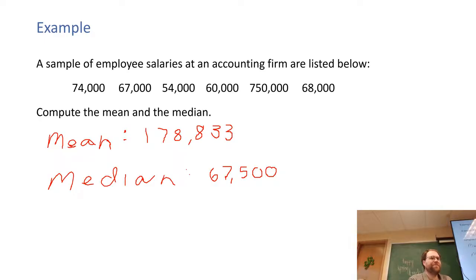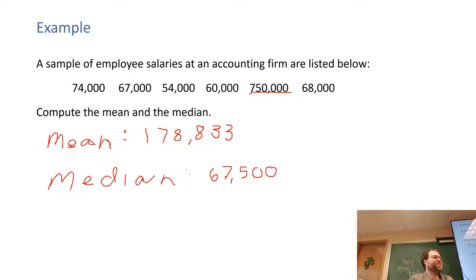Bottom one. There's only one salary that's way above this. So this would be considered an outlier in this data set, which is going to make the median a lot more reliable about the true center. Because if we relied on the mean here, 5 out of 6 of these salaries are below this mean.